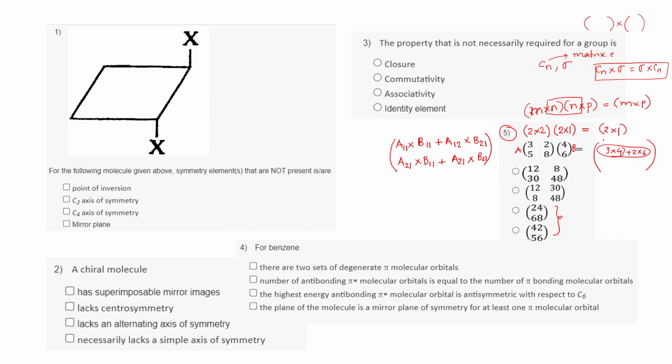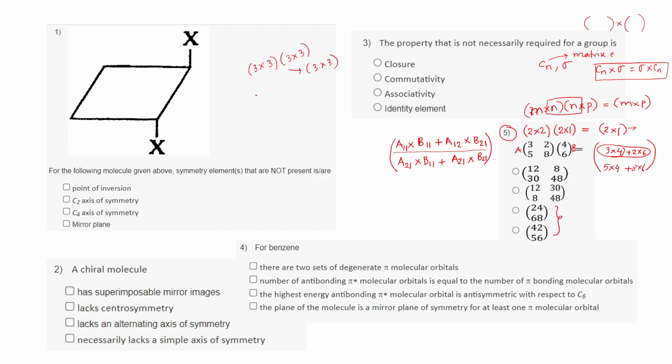From here you can see what I have done already. We did A11, B11, and A12, B21 I have already done. The second part will be 5 into 4 plus 8 into 6. The first step is to check what my matrix is going to be, 2 into 1 or 2 into 2. Suppose I am multiplying a 3 into 3 matrix with a 3 into 3; my product will be a 3 into 3 matrix.